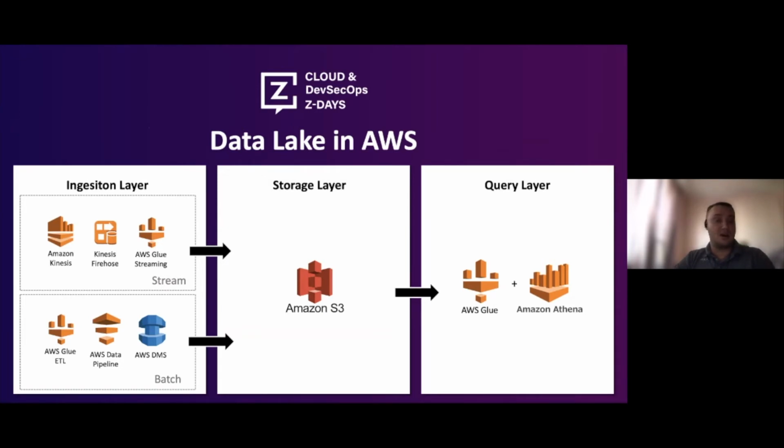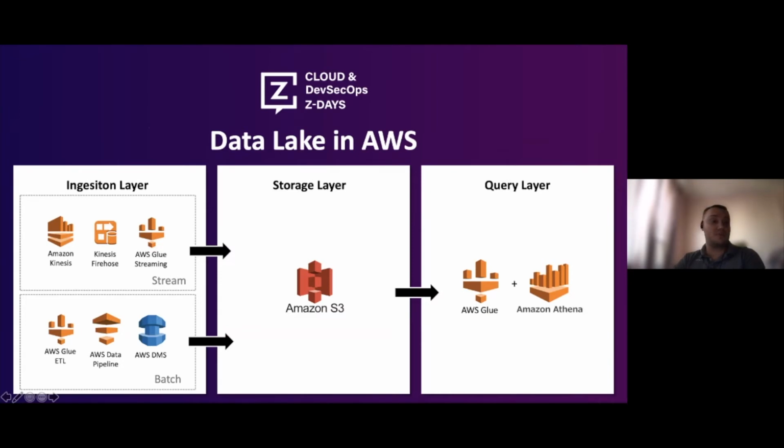Then we have Amazon Kinesis, which is a very good substitute for Kafka. We could also use Kafka, but Kinesis comes with a service called Kinesis Firehose, which has very good support for S3. It could ingest files from Kinesis to Amazon S3.